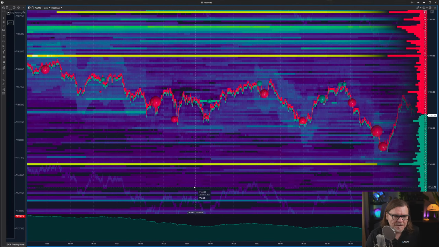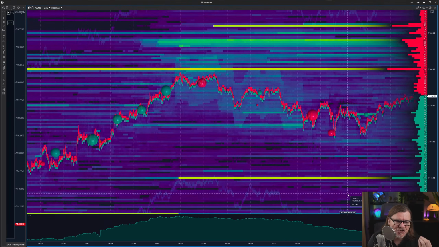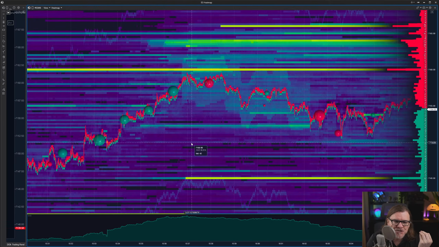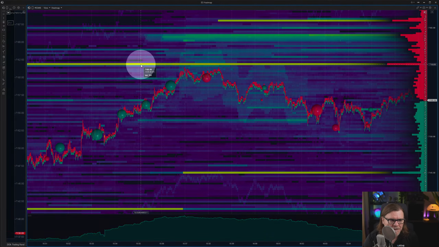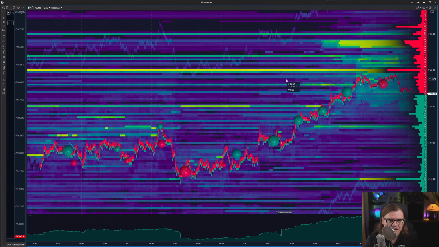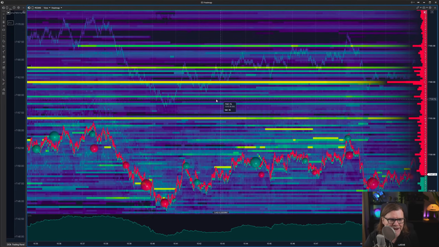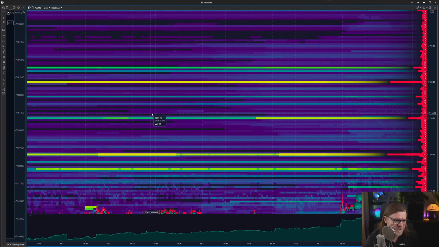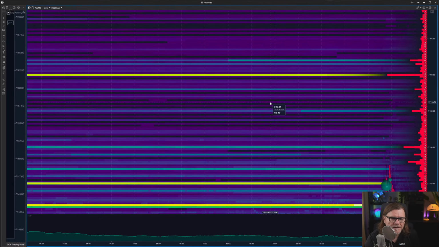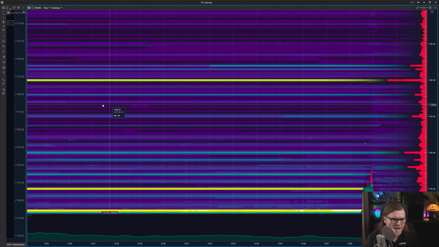We are able to see how long the waiting order was at that level. It was here pretty long, wasn't it? Because the white line goes since the beginning of the chart, I guess. It's still there until, I don't know, until the present.